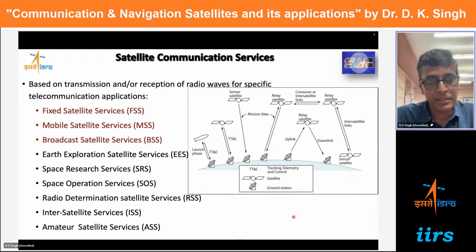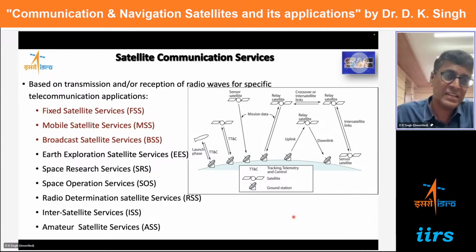The most popular are fixed satellite services, mobile satellite services, and broadcast satellite services. These are the three very popular categories. But beyond this, we have earth exploration satellite services where we do the data downlink from the satellite to ground. Then space research services, space operations services, radio determination services, inter-satellite services, communicating between satellites, and so on.